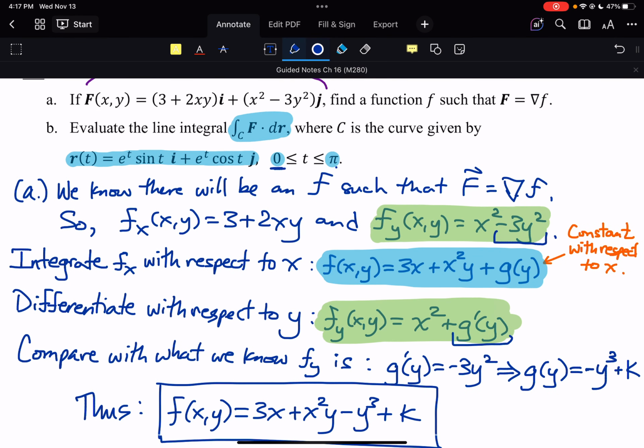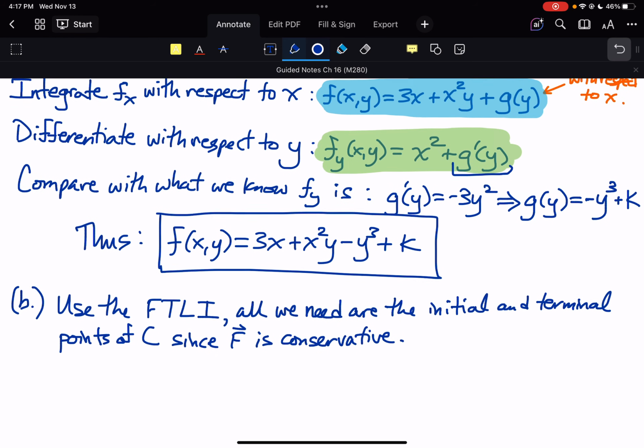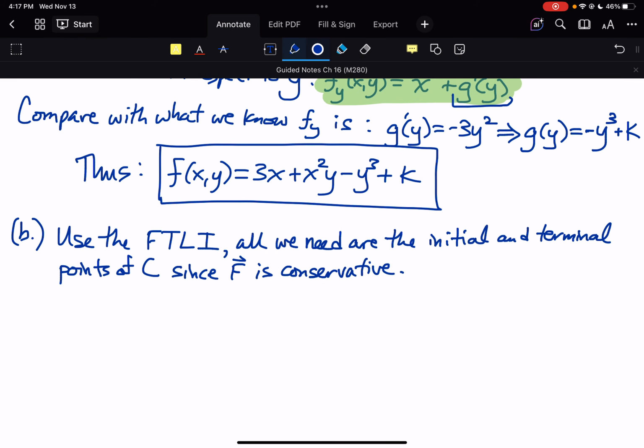So we start at 0, we end at pi. So we need to plug into r at those endpoints. So r of 0 is going to be e to the 0 sine of 0 i plus e to the 0 cosine of 0 j. That's 0 and 1.